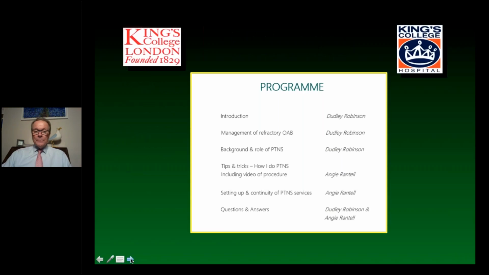So this is the overview of the program for this evening. Following our brief introduction, I'm initially going to cover the management of refractory overactive bladder, and I'll describe exactly what that is. I'm then going to follow on and talk a little bit about the background and the role of PTNS in clinical practice. After that, I think we're going to take some brief questions, and then I'll hand over to Ange, and she's going to be talking to you a little bit about the tips and tricks, how to do a PTNS procedure, and we'll be showing you a video of that as well.